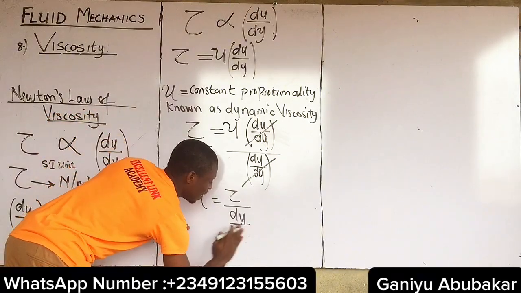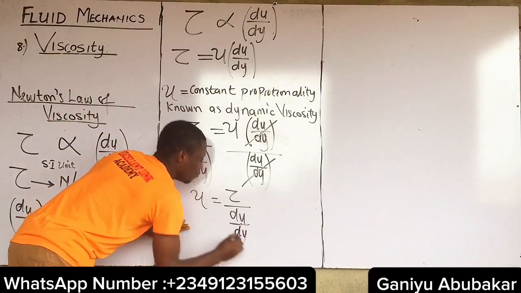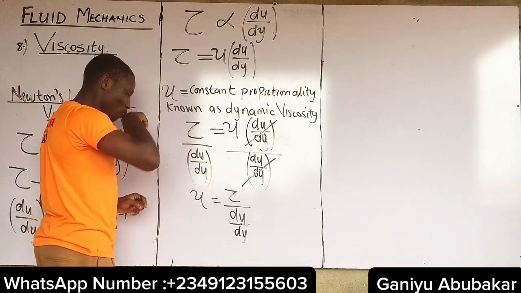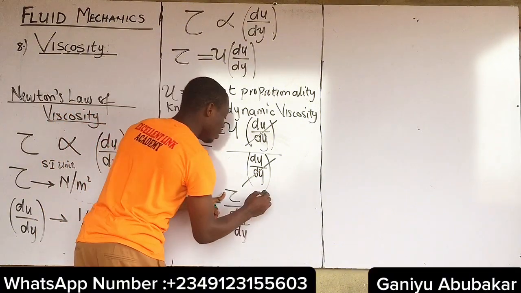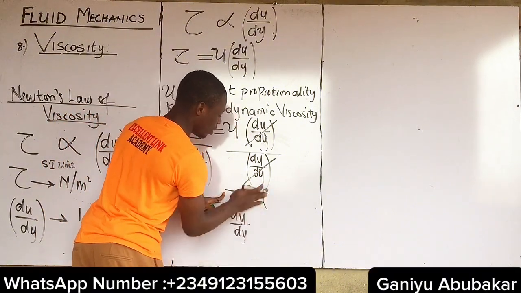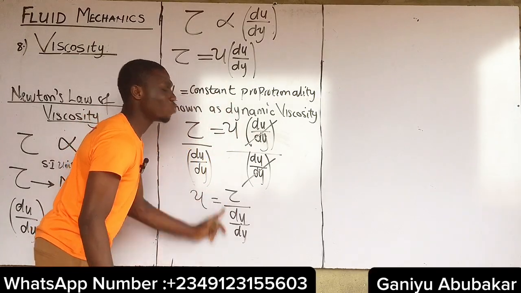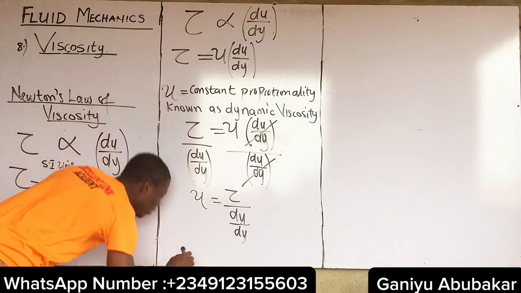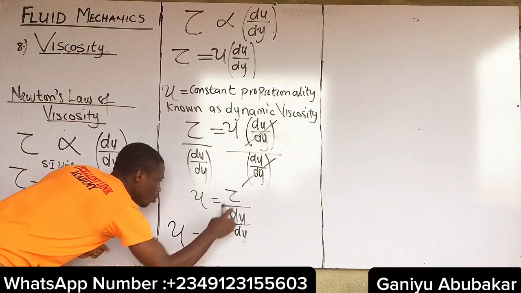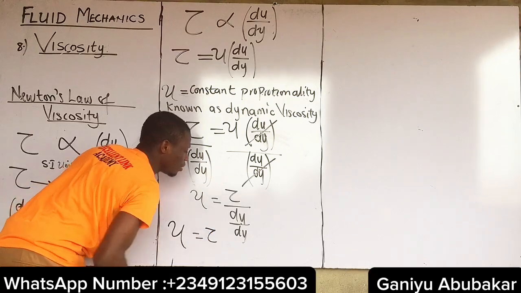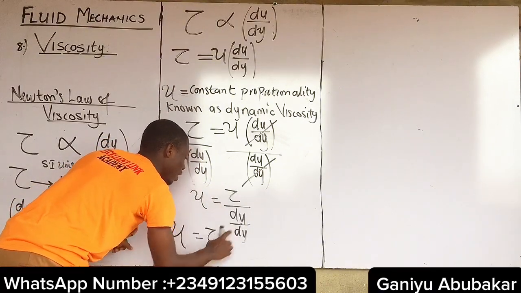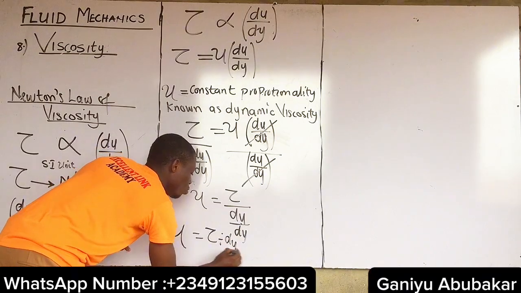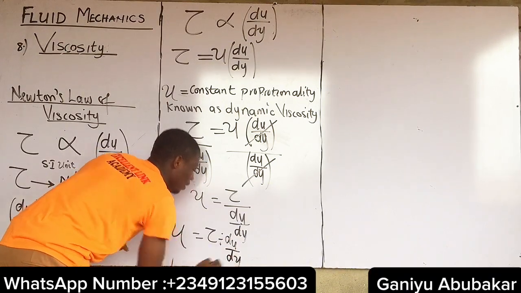Let me express this properly: mu is equal to shear stress divided by the u over the y.